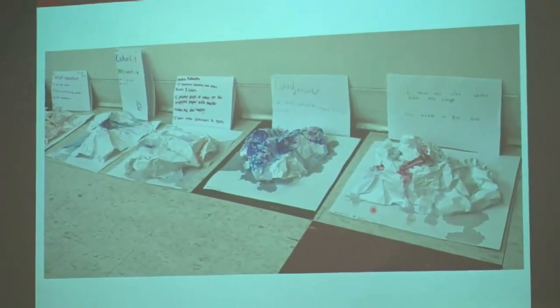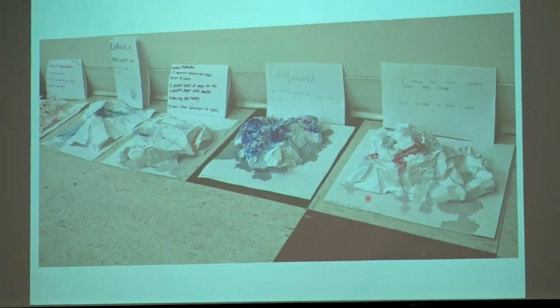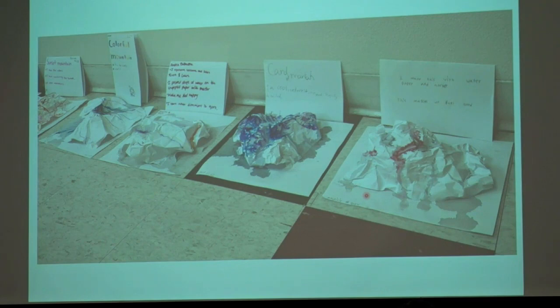Another element of map making that we employed, as I mentioned, water is critical. And where water accumulates on the ground, where on the landscape it accumulates, is going to control where we can have mosquitoes. And we wanted them to understand that process. So in order to get them to grasp hydrology, we did a project where we had paper. They crunched up the paper to make it a three-dimensional landscape.